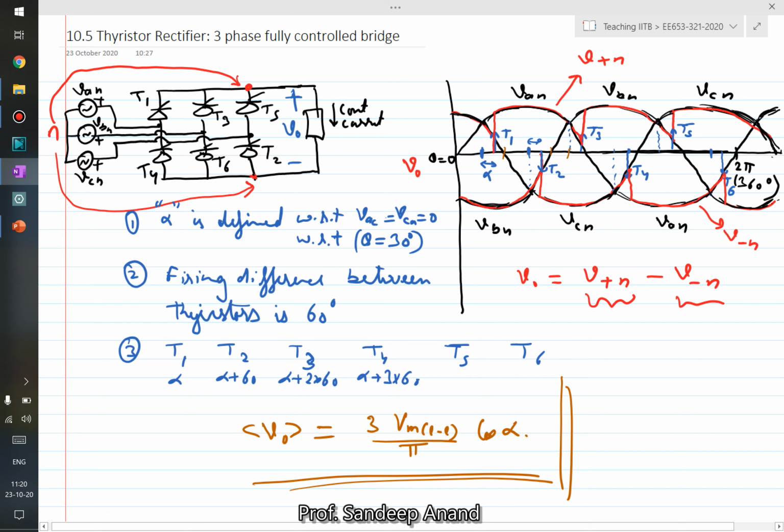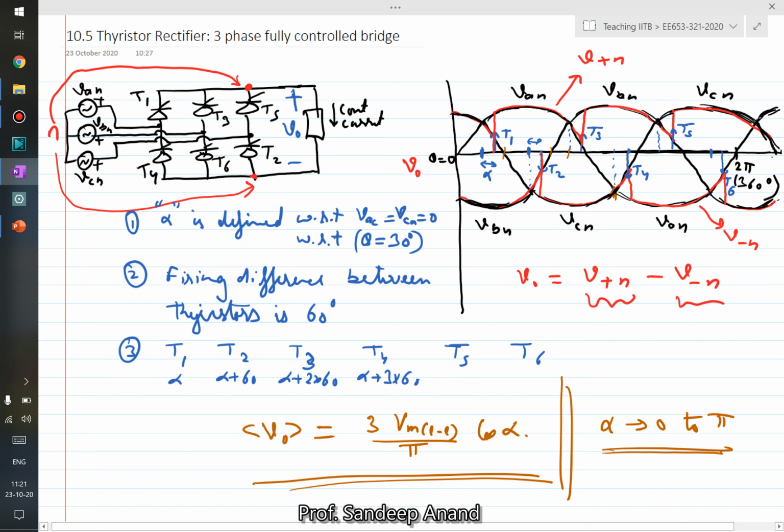So you can actually keep it till VA is positive with respect to phase C, in fact. So VA is positive with respect to phase C till this point. Till this point, if you trigger VA, the previously conducting would be VC, and therefore it would take over from VC. So here also, similar to the previous one, you can keep alpha going from 0 to pi.